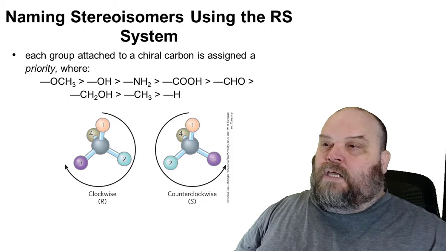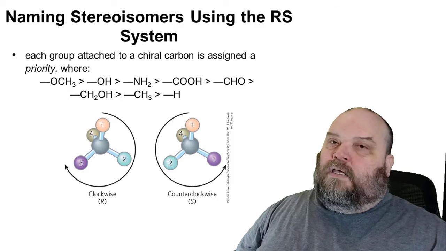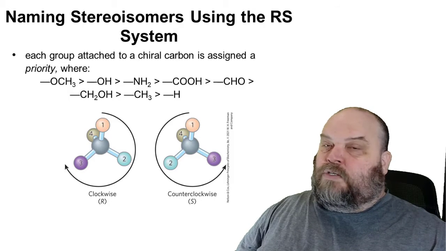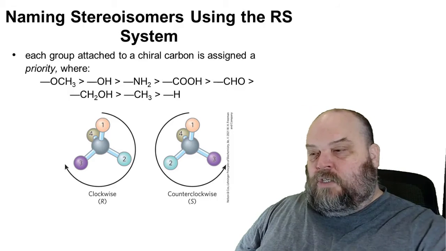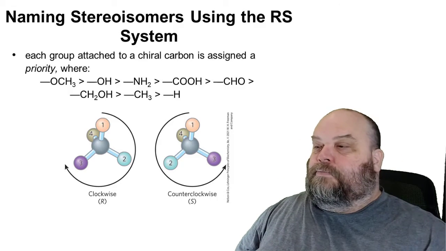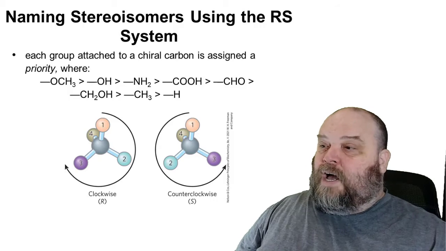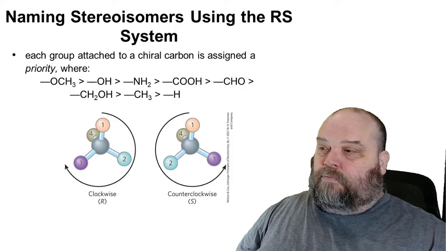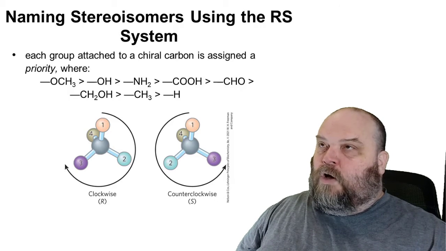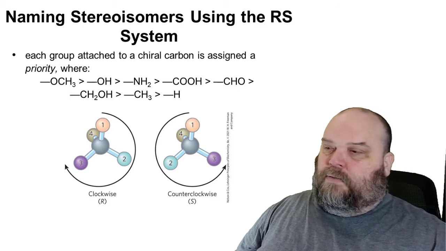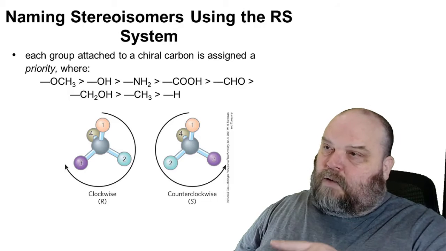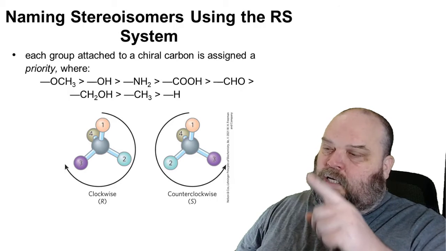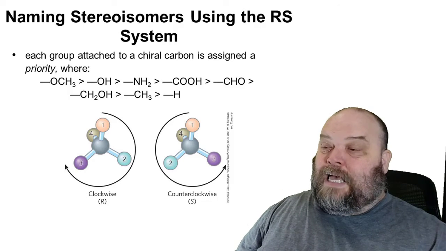It's the orientation of the functional groups around a certain carbon. Which way are they going? Are they circling this way? Are they circling that way? And there is a hierarchy in how you prioritize things. Is it clockwise? That's R. Is it counterclockwise? That's S.